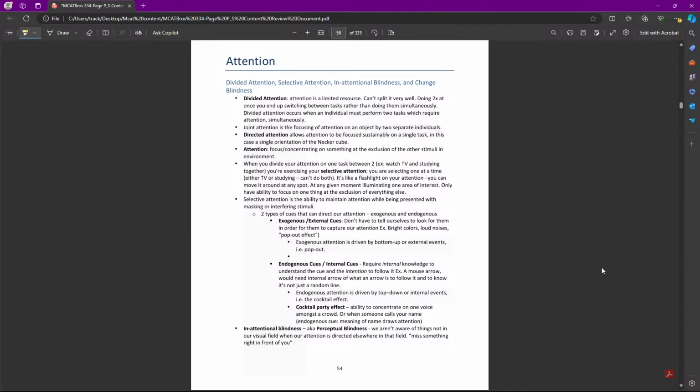They're on the inside, so they're going to be internal cues. So, the cocktail party effect is the ability to concentrate on one's voice amongst a crowd or whenever someone calls your name. So that's what relates to the hit miss theory.